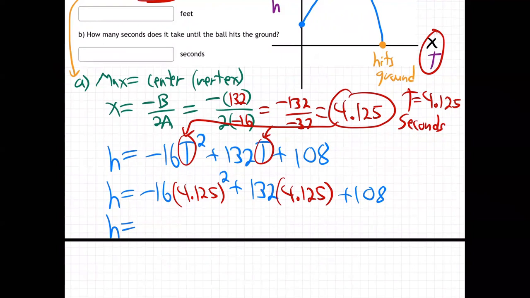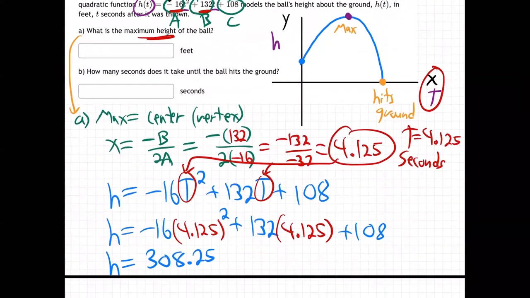Let's see what I get. I'm getting 308.25. So the maximum height of that ball is 308.25.